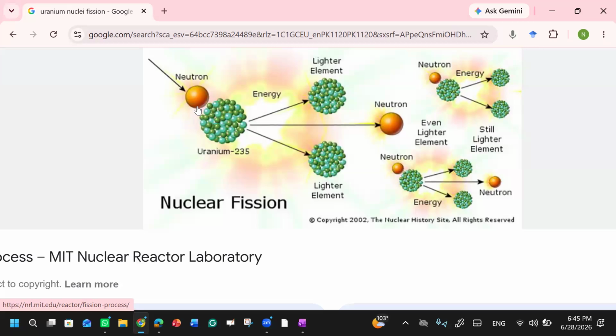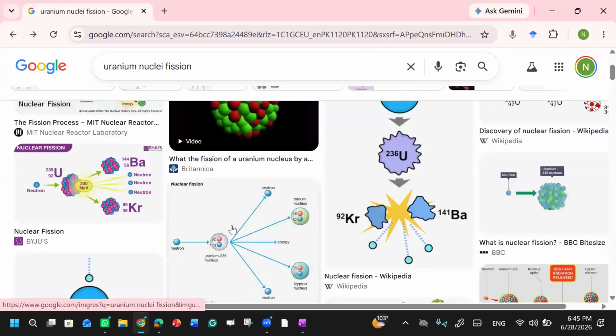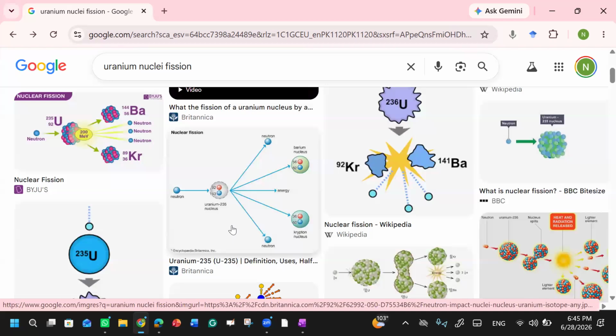That's why in Japan, when there was the Hiroshima and Nagasaki explosion, people in Japan still have serious health issues. Why? Because the effects are still there. So this is a very critical branch of chemistry, and it always leads to destruction. I never find the advantage of nuclear physics, nuclear chemistry.